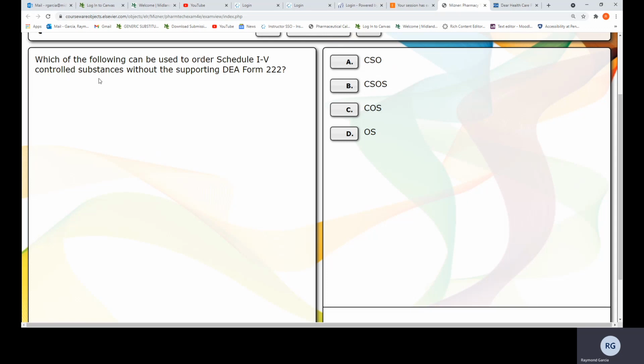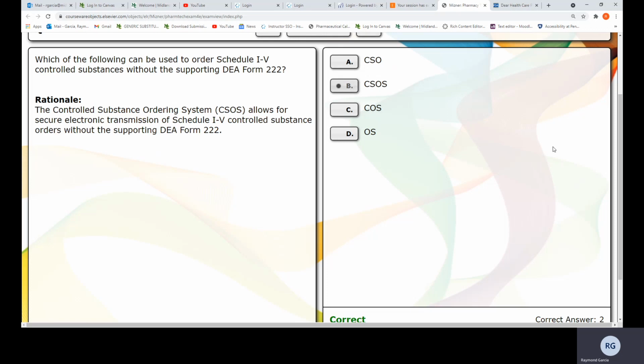I know it has controlled substance in there, so it's going to have CS. So it wouldn't be this one, and I don't think it's this one here. So it's these two. And just by dealing with it and being the buyer, I know it's always called the CSOS. We call it "seesaw."